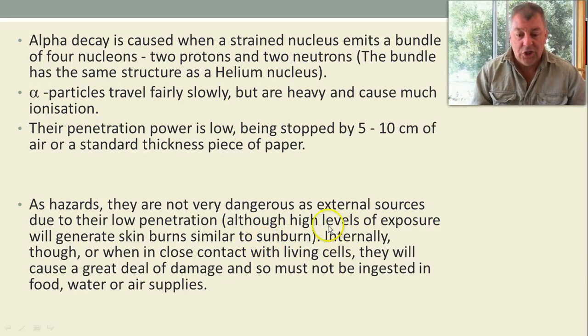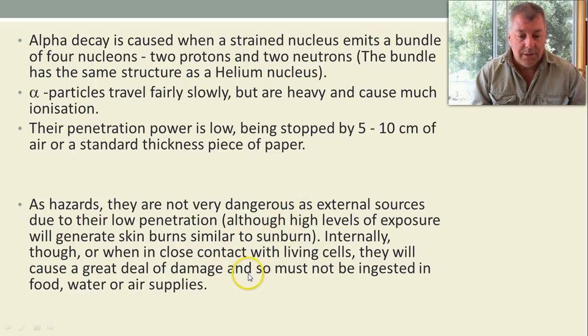Now, if you were to ingest it, which is not recommended, it would get very close to living cells. And so if you inhaled some particles, it's not very good, because you get it into your lungs, and your lungs are always undergoing cell replacement, so they're living and they're splitting and growing, and so that's not a very good situation.